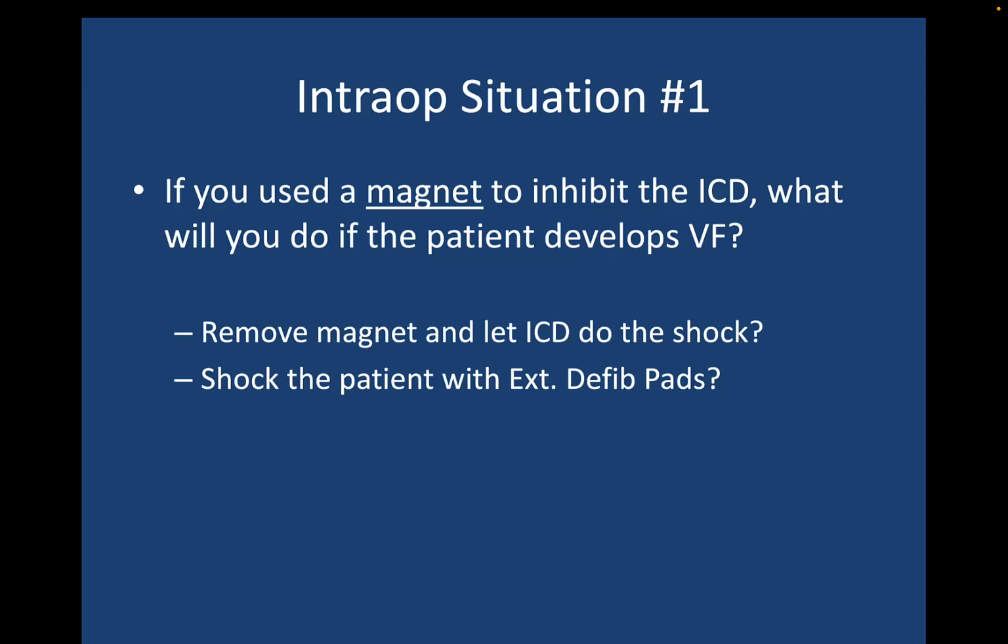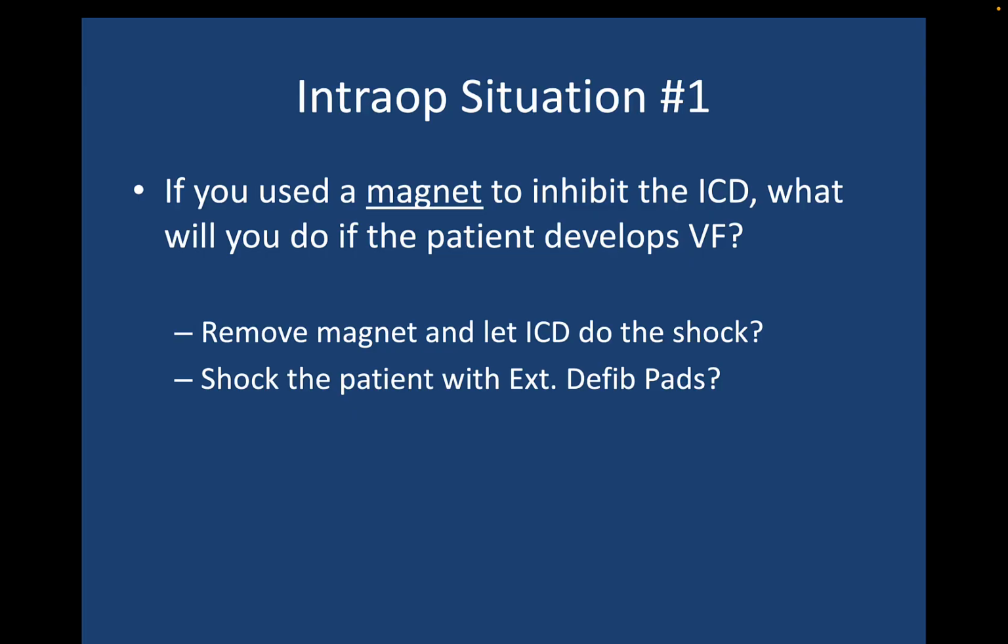If you choose to take the magnet off the ICD and let it do the shock, it's going to take a couple of seconds for you to move from where you are to take the magnet off. It'll take about 3 or 4 seconds probably for the ICD to detect the VF. Then it will take anywhere from 5 to 6 up to 15 seconds for the capacitor to charge, and then maybe another half second to reconfirm the dysrhythmia, and then finally the shock will be delivered.